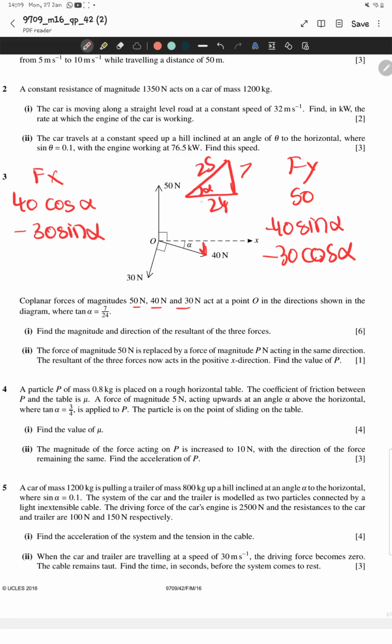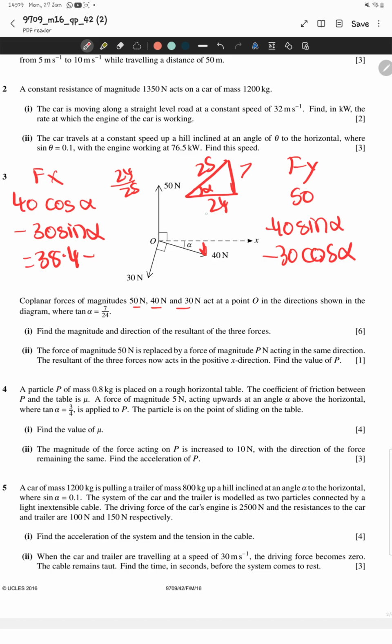So cos alpha will be adjacent over hypotenuse, so 24 by 25. So 40 into 24 by 25, we get 38.4, and then minus 30 sine alpha.